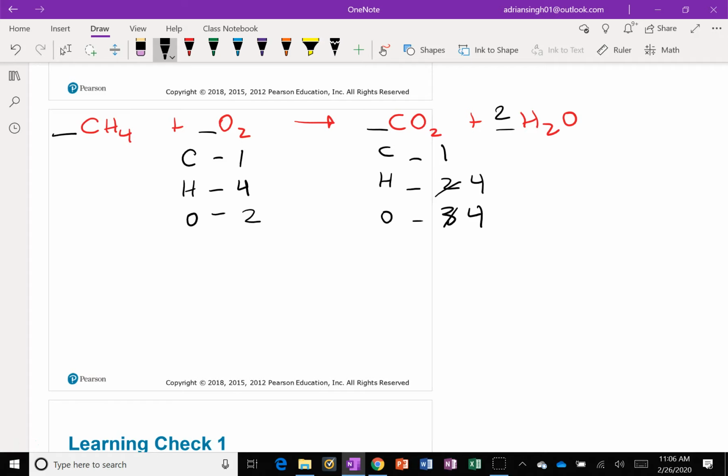And now to balance my O's on the left, all I would need would be a 2 in front of the O2, and that gives me 4. All right, carbons are good, we didn't mess with those, and they still are balanced. That's your balanced equation. 1 methane with 2 oxygens to make 1 CO2 and 2 H2Os.